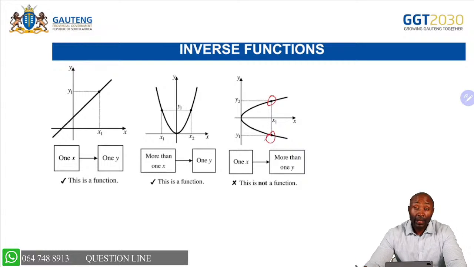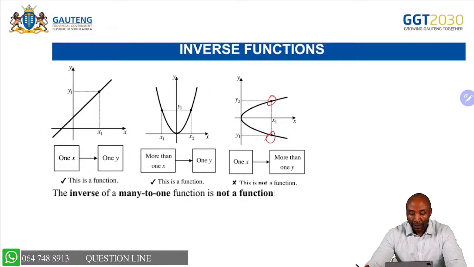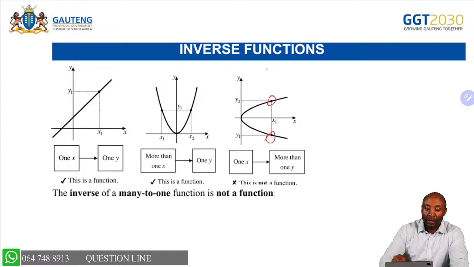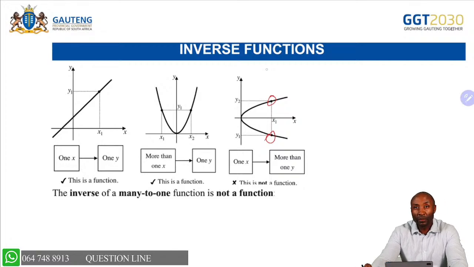Hence, it's not a function. Now, we discussed as well that the inverse of a many-to-one function is not a function because it will fail the vertical line test. And we saw that a many-to-one function also fails the horizontal line test, as the ruler will intersect the graph at 2 points at the same time, making it not a one-to-one function.